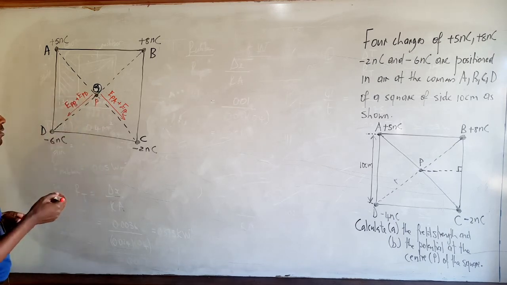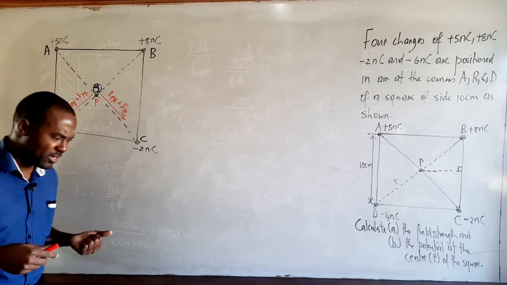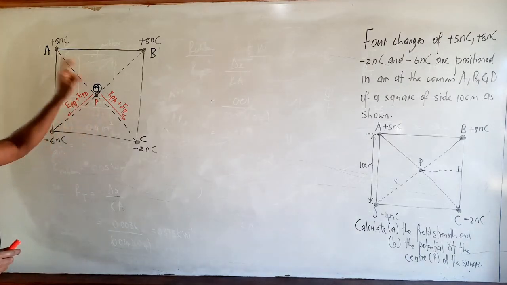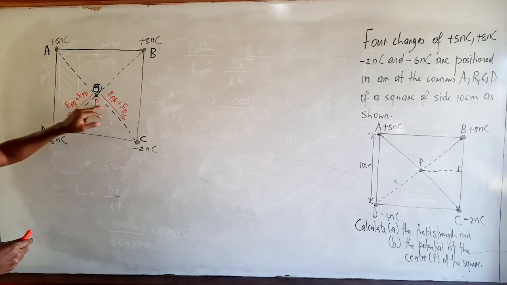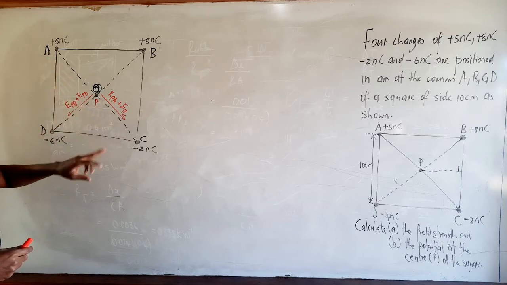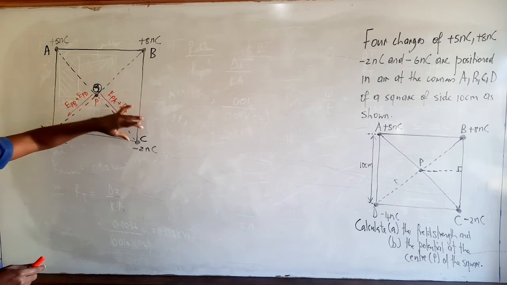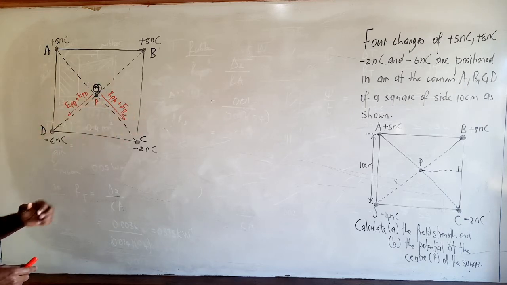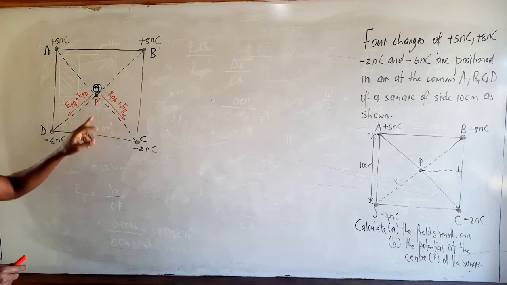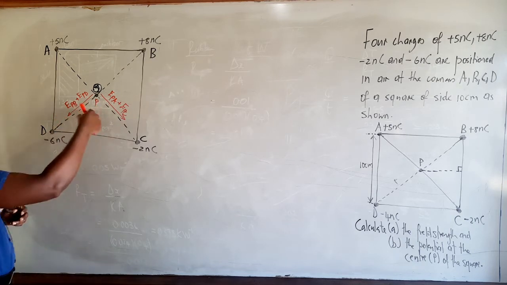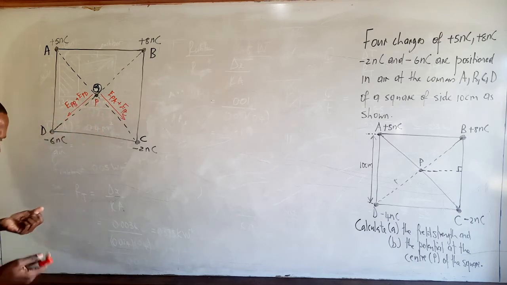So what we've basically done is show the direction of the field strengths at P due to each of these charges. The field strength at P due to A and the field strength at P due to C will go in this direction, so we add those two, whereas the field strength at P due to B and the field strength at P due to D will both go in this direction, and once again we add them.